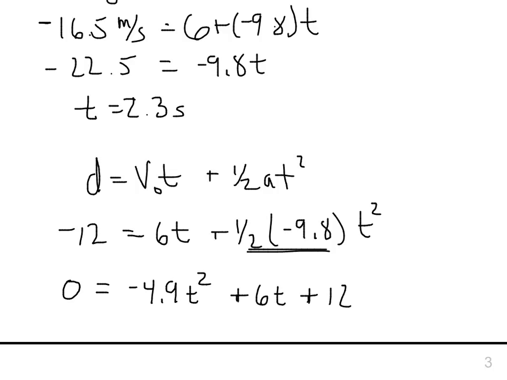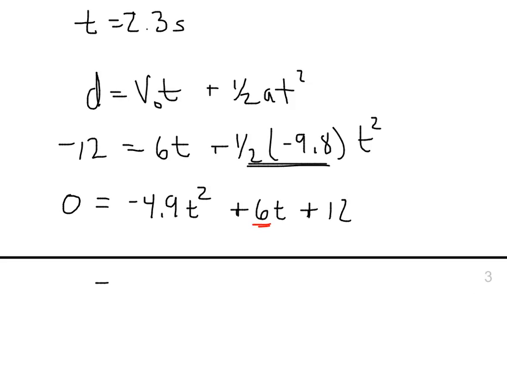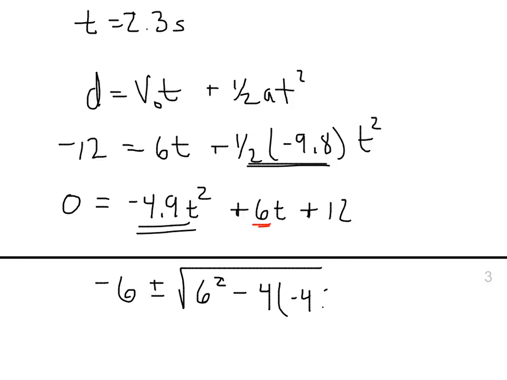Now I can use the quadratic equation. The quadratic equation says that negative b, so this term is b, so I'm going to say negative b plus or minus the square root of b squared minus 4. A is this term, negative 4.9.